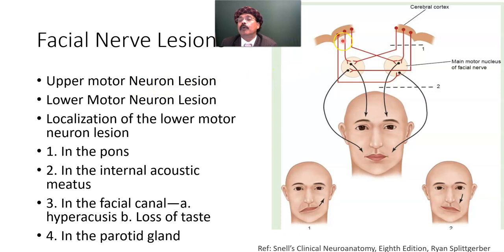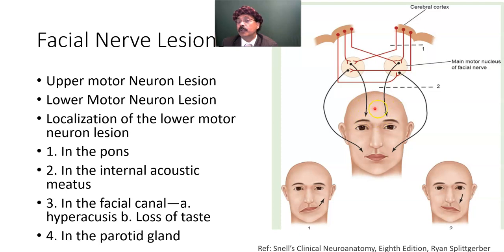Upper motor neuron has bilateral innervation to the forehead area. So in case of upper motor neuron lesion, there is compensation. So the person can wrinkle the forehead. In lower motor neuron lesion, what will happen? The entire side of the face will be paralyzed. In upper motor neuron lesion, what will happen?